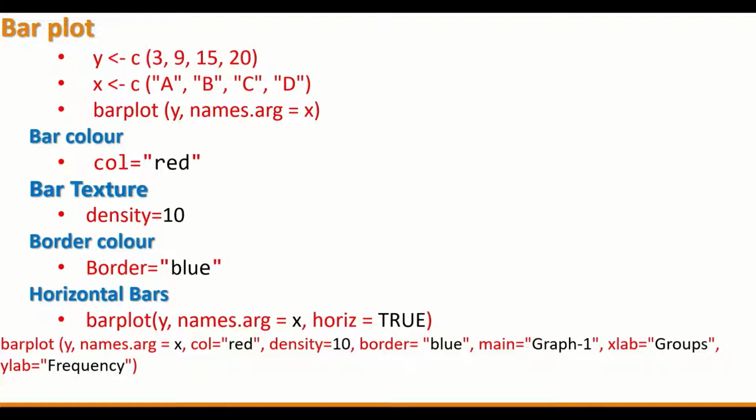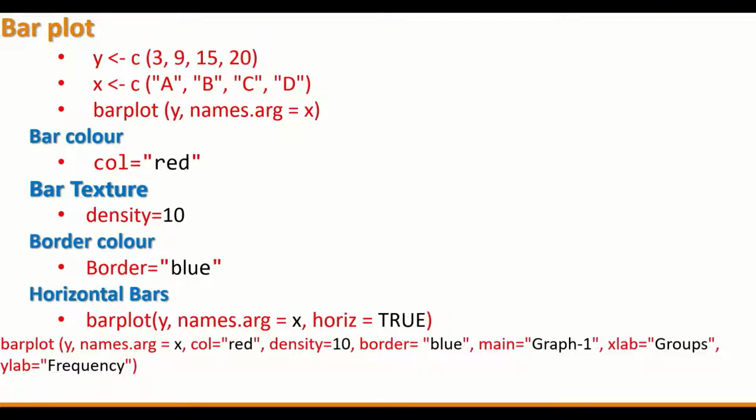To draw a bar chart in R statistics, you need to define the values on the y-axis by inserting y, space, assignment operator (less than, minus sign), followed by space, then C for combine, brackets, and insert in that bracket values for each bar in the chart, followed by comma. This value would be either a mean or a frequency or a percentage.